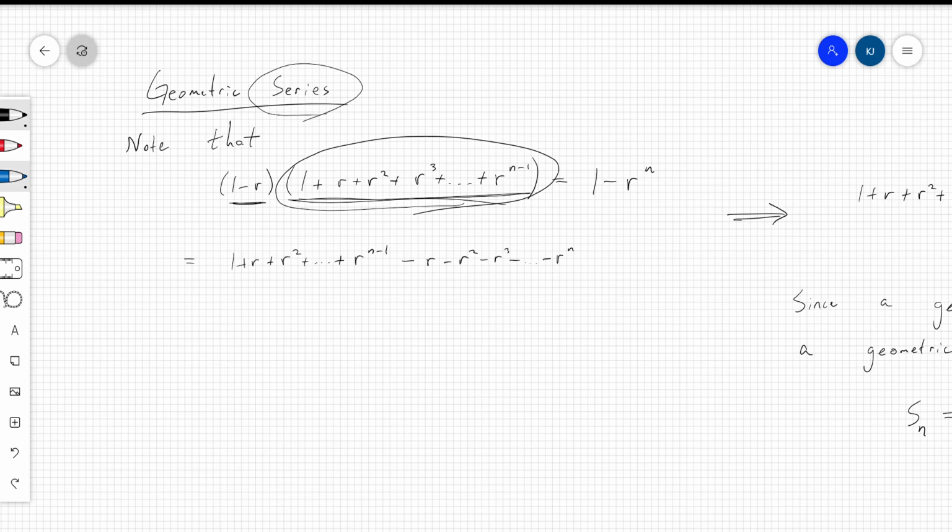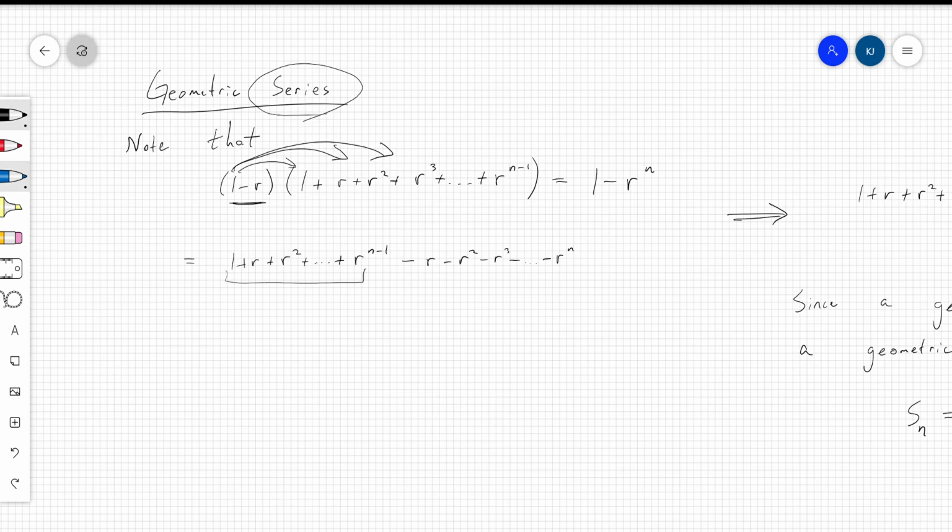So I would like a nicer expression for this circled thing. Notice that if I multiply this circled thing by 1 minus r, then if I distribute the 1 everywhere, I'm just going to get all of this, right? So distributing the 1 would give me this.